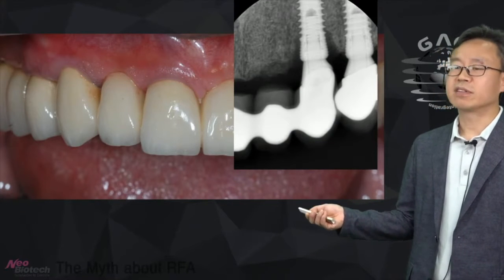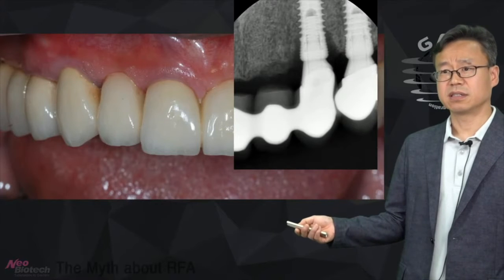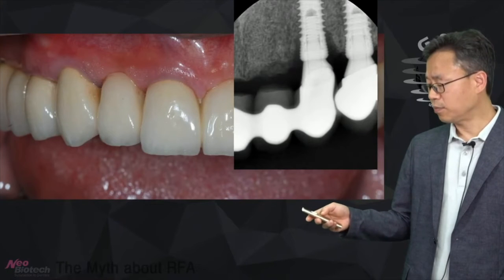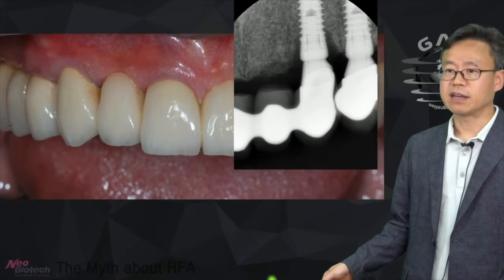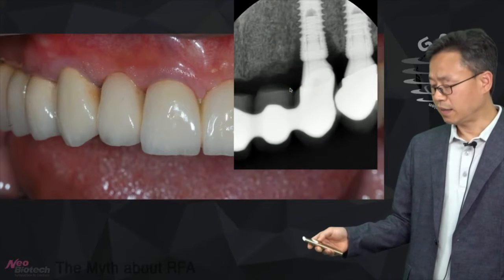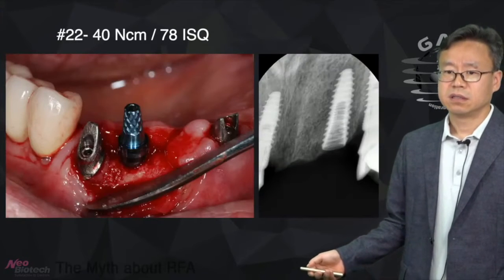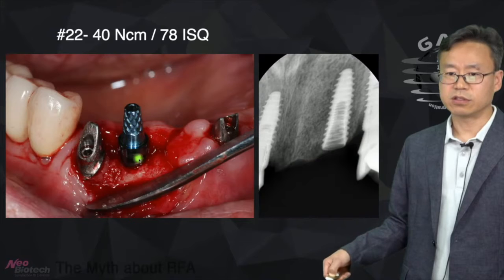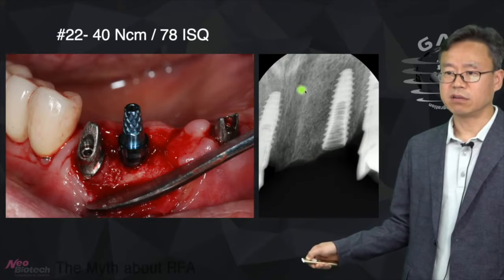But well, that wasn't my choice of treatment. I planned to take the implant out and try to place another implant right next to it, right there, for the lateral incisor site. And that was my plan. So I placed another implant right there for number 22 site, and this is 13, which had the bone loss around the implant right there.